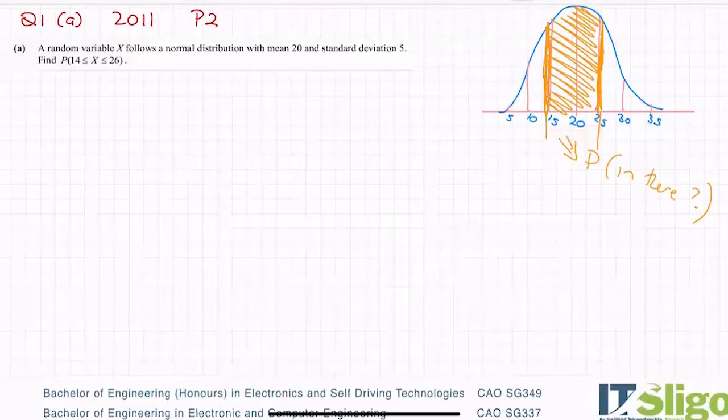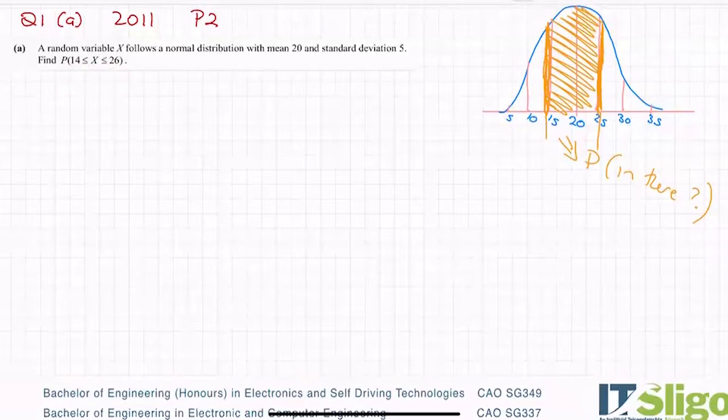So you have a 68% chance of being between 15 to 25. They obviously don't want you to use the empirical rule in this one because they've picked values that don't lie nicely within the empirical rule percentages.